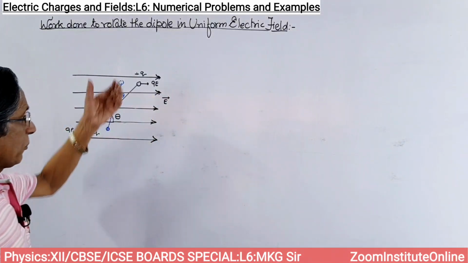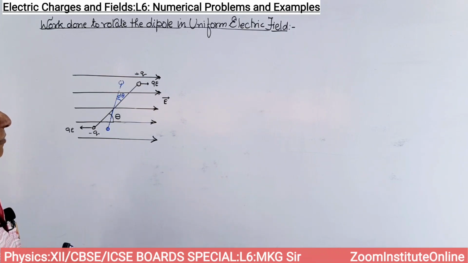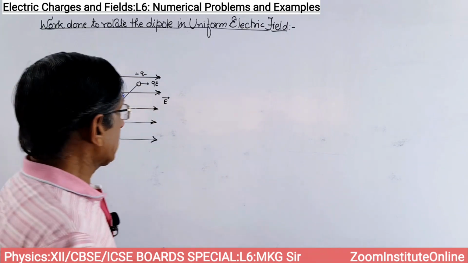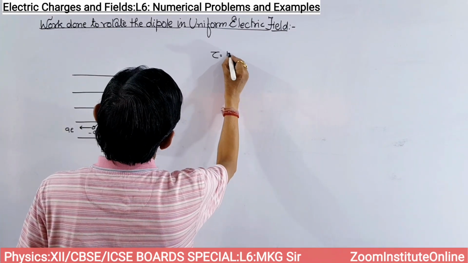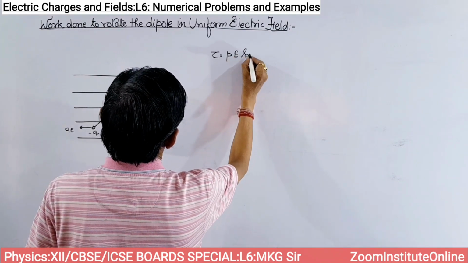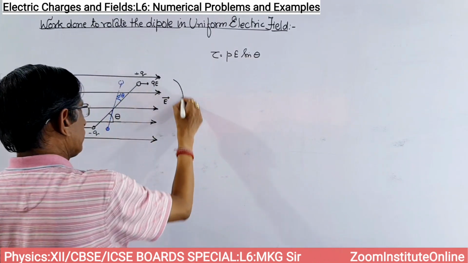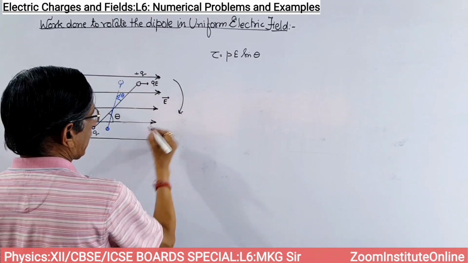Students, just we have studied that when a dipole is placed in uniform electric field, it experiences torque. Torque is given by formula PE sin theta, which has a tendency to rotate the dipole in this direction.